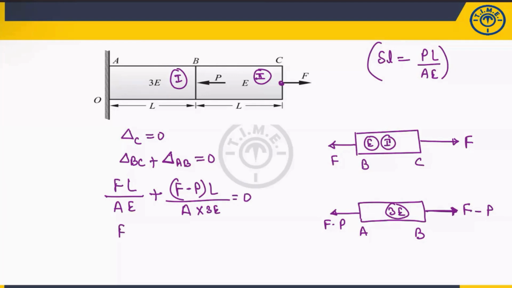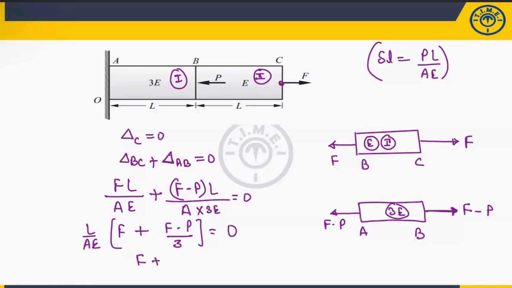Now you can easily solve this. Let me take L by AE as common. So F plus (F minus P) divided by 3 is equal to 0.